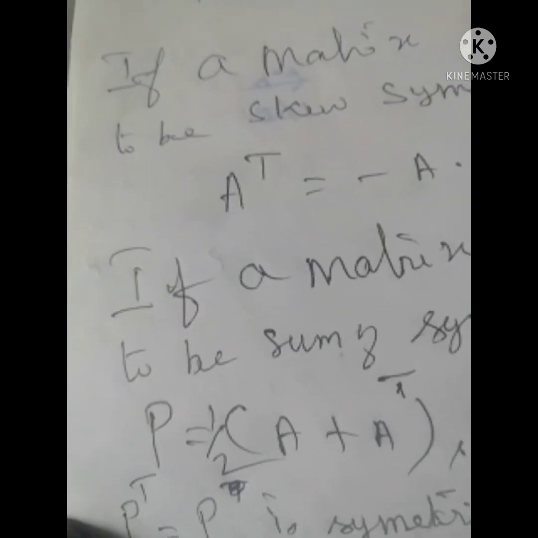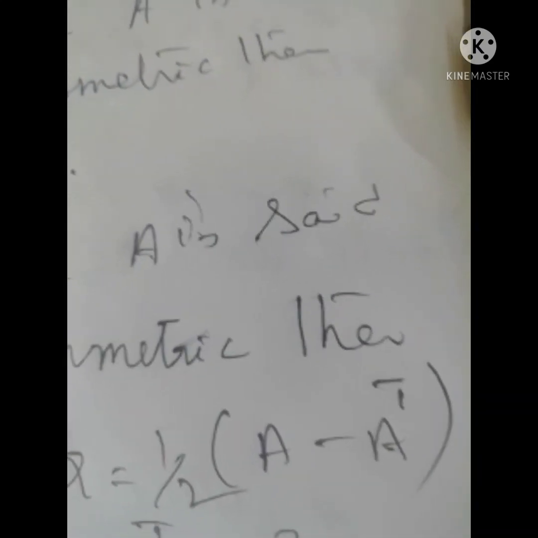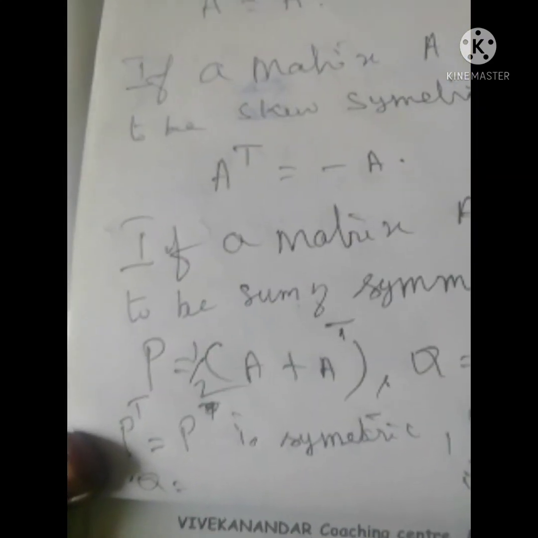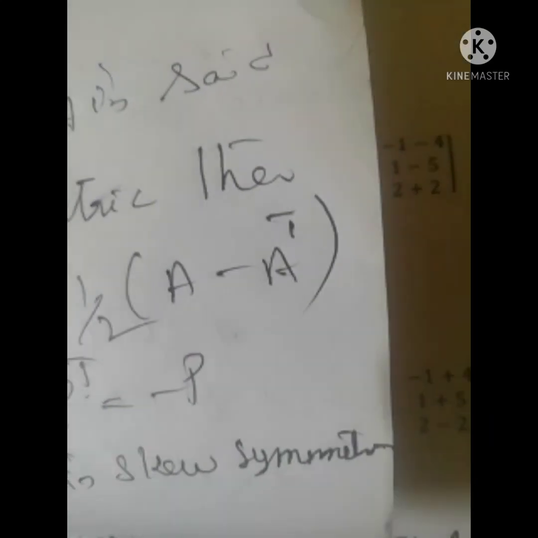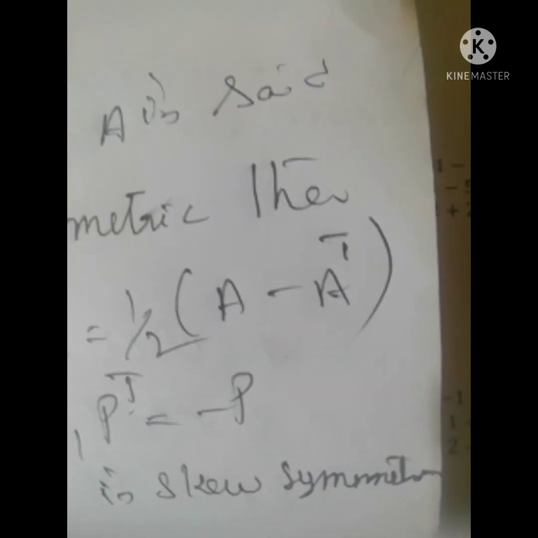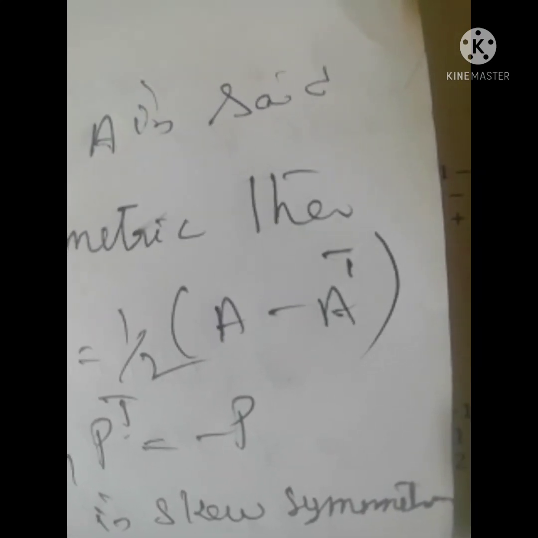For the sum of symmetric and skew symmetric, we can take P equal to 1 by 2 (A plus A transpose) and Q equal to 1 by 2 (A minus A transpose). If P transpose equal to P, it is symmetric. If Q transpose equal to minus Q, then it is skew symmetric. That's all. Do you understand or not? You can understand the difference between symmetric and the sum of symmetric.